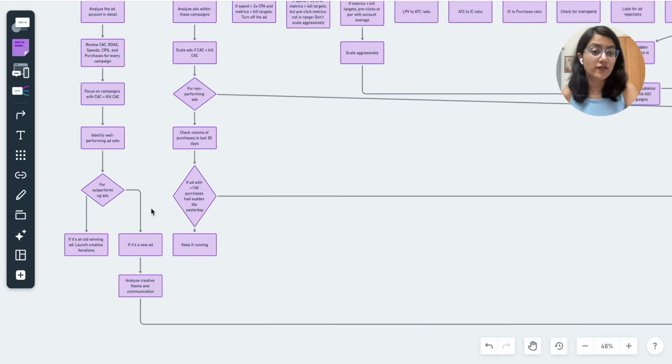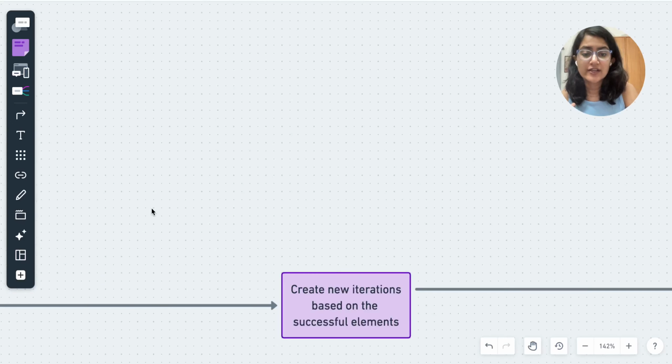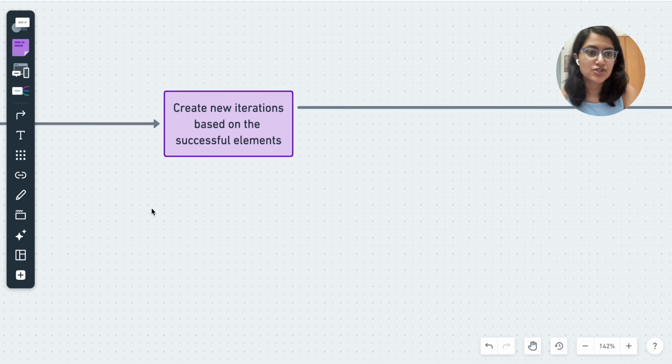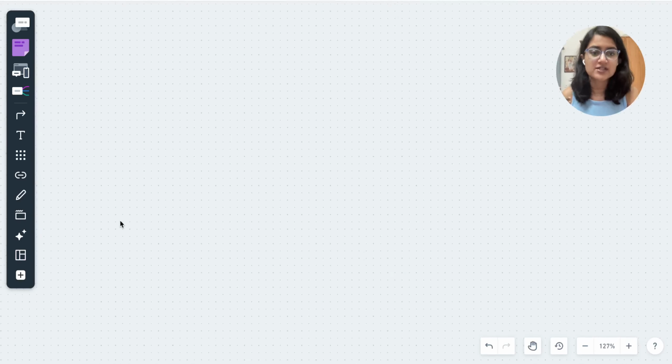Once you have the creative theme, you can create new iterations based on the successful elements. For example, if that ad has a benefit-based creative theme, then the iterations you make should also be benefit based, because that is what is working well for the product's target audience.